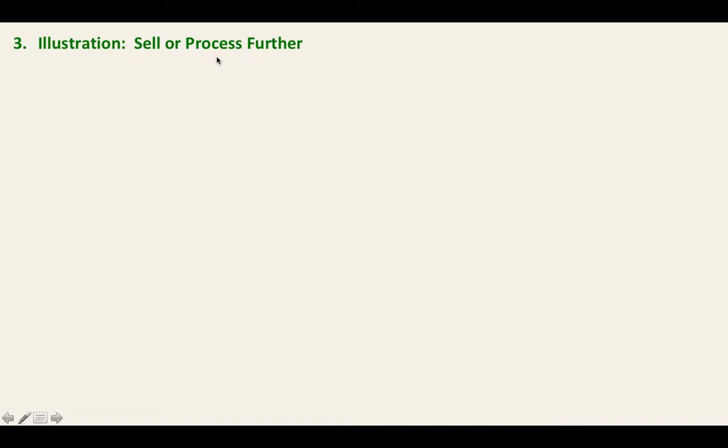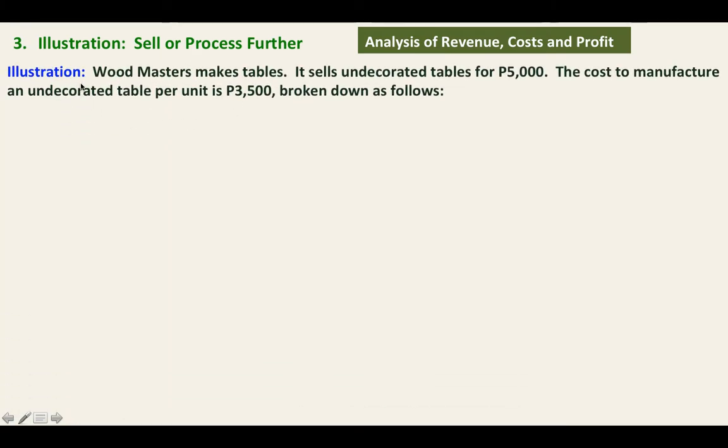Sell or process further. Here, in this incremental analysis, we will analyze the revenue, cost, and profit. Okay, so let us have an illustration. Woodmasters makes tables. It sells undecorated tables for 5,000 per unit.